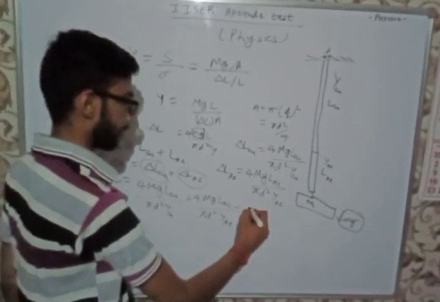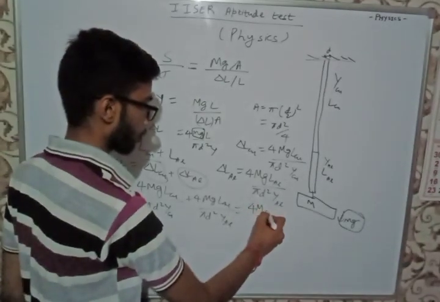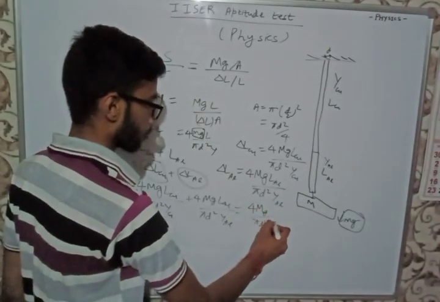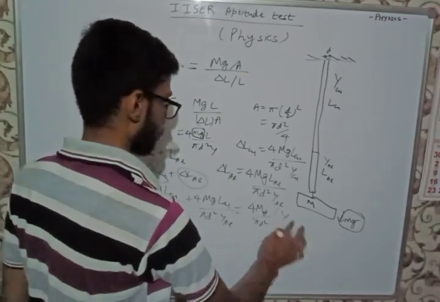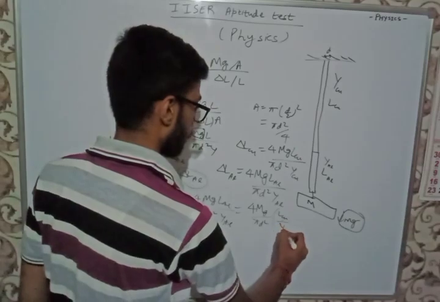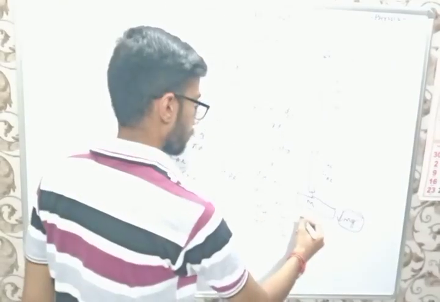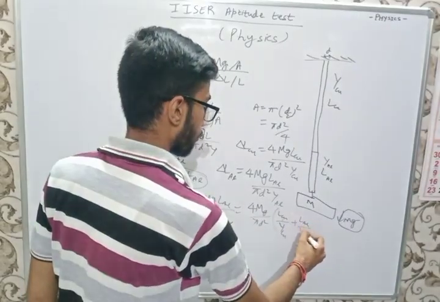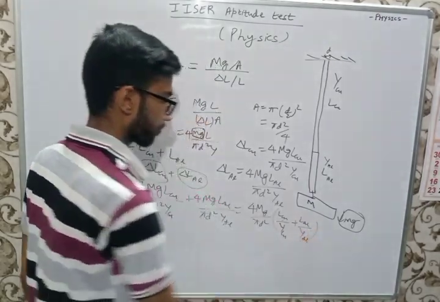So you can say that it is 4 mg over pi d square times L_Cu over Y_Cu plus L_Al over Y_Al.